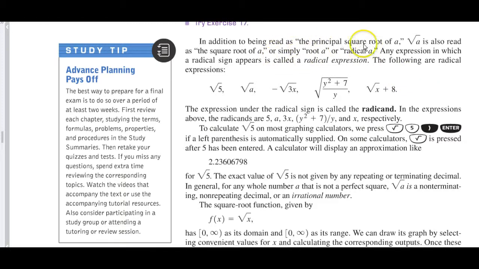All right, here are just a number of different ways to describe it. But all these, since they are under, or part of it is under a radical sign, they are called radical expressions. Now, what is under the radical sign, as we mentioned before, is the radicand.